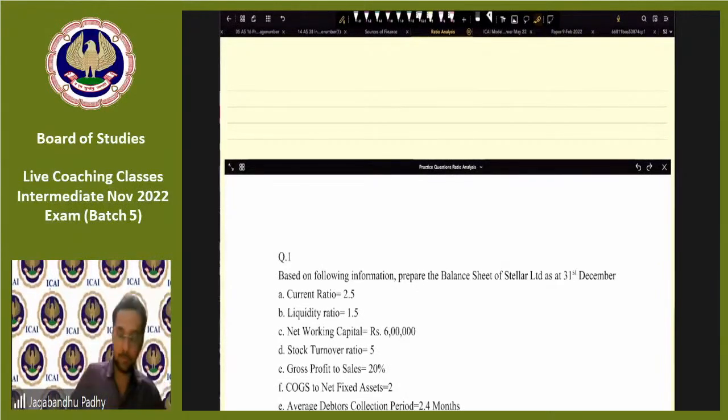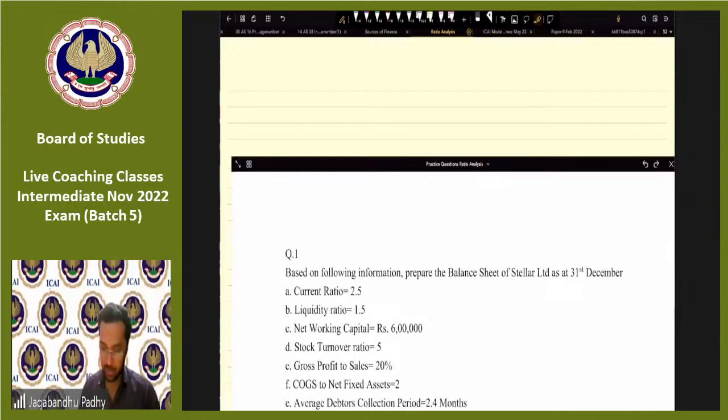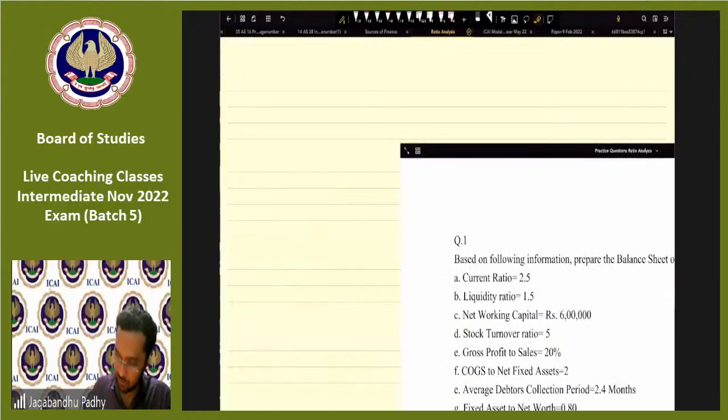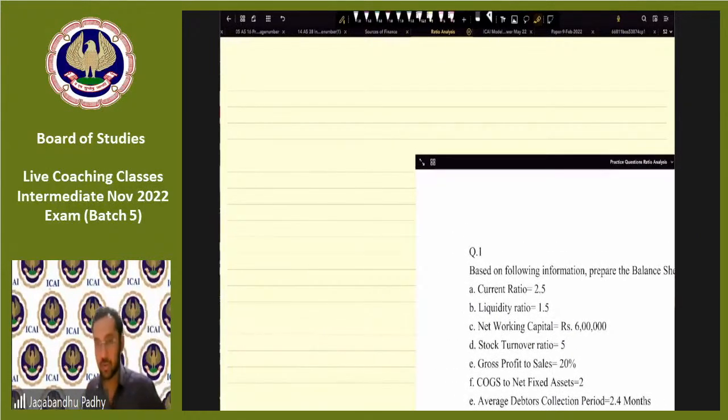Okay, fine. Let's begin. Based on the following information, we have to prepare the balance sheet of Stellar Limited on 31st March. We have been given current ratio, liquidity ratio, net working capital, stock turnover ratio, gross profit to sales, COGS to net fixed assets, average debtors collection period, fixed asset to net worth, long-term debt to capital and reserves.